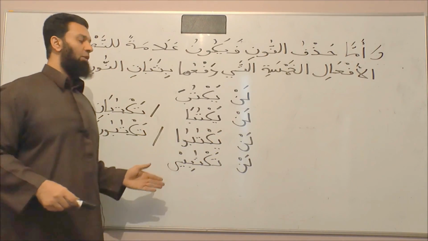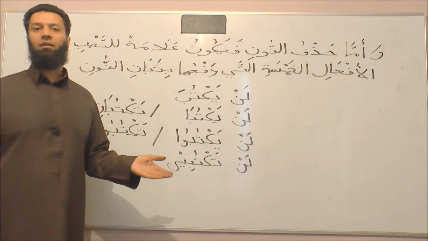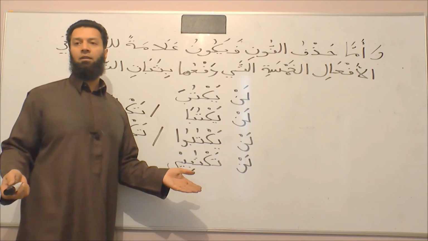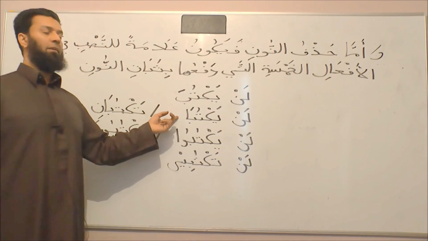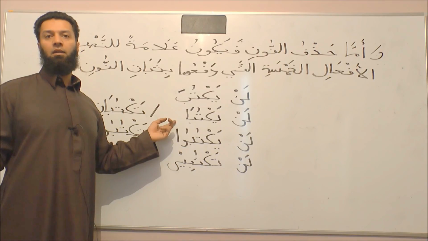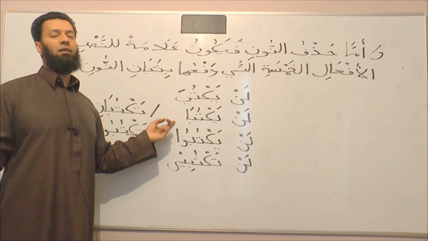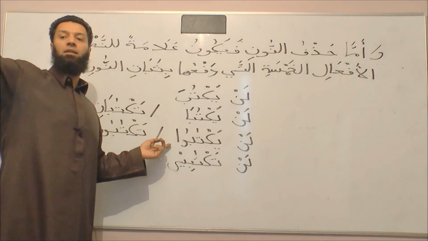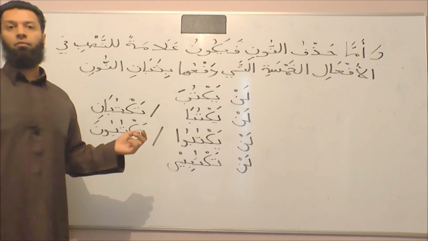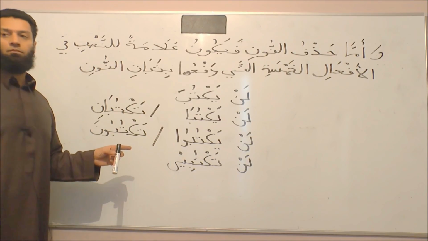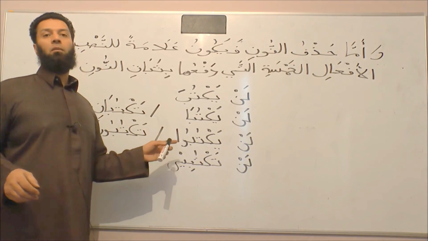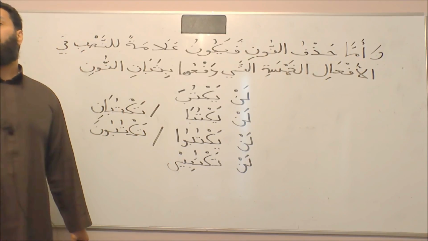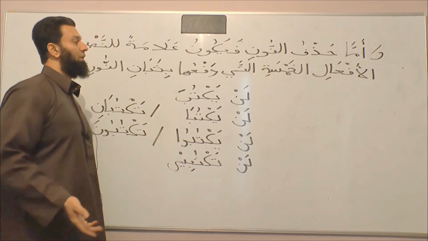We should mention what all of these mean. لن يكتب means he will not write. The dual, they two will not write. لن يكتبوا, they plural male will not write, and لن تكتبي means you single female will not write.